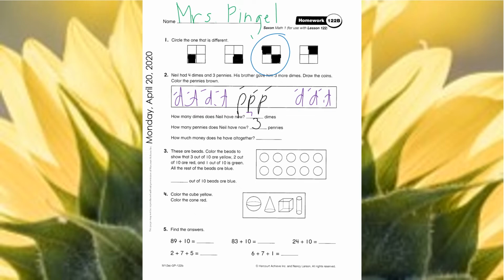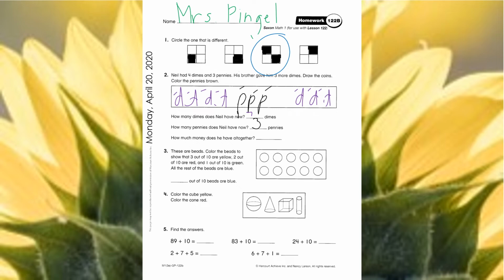Now this is the tough question. How much money does he have altogether? So if you took these coins to the store, how much would you have? First, we know that dimes are worth 10 cents and pennies are worth 1 cent. So every time I touch one of the dimes, I'm going to count by tens. So I'll do that first.